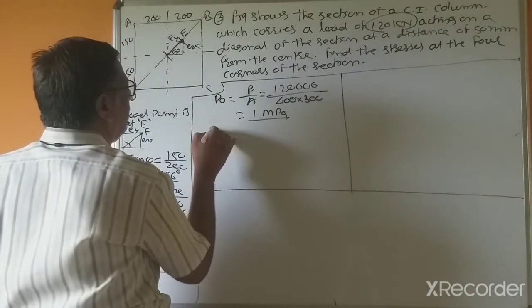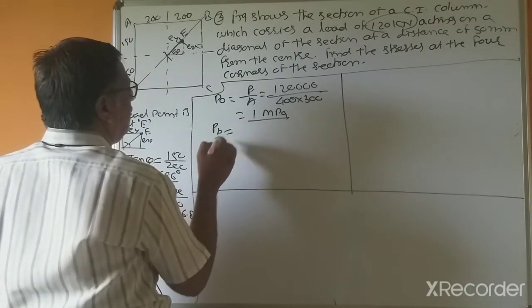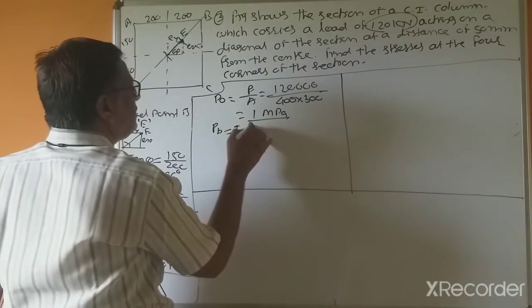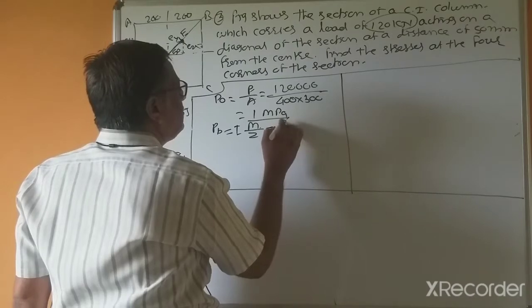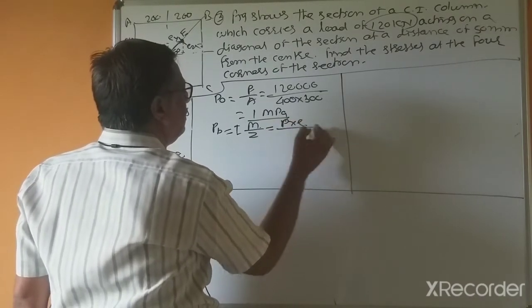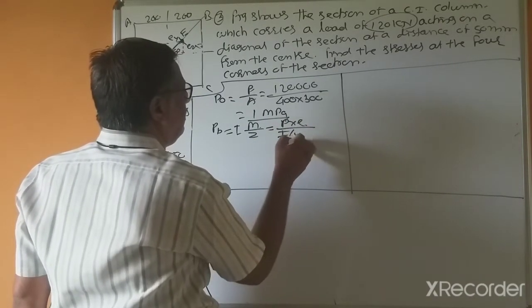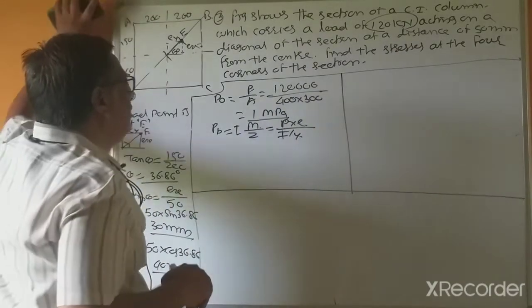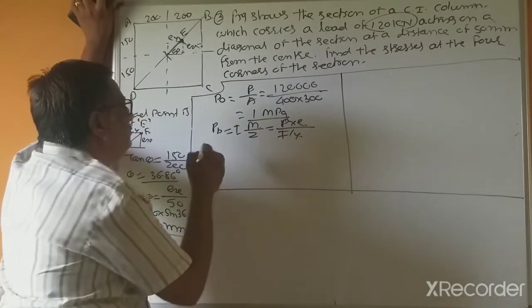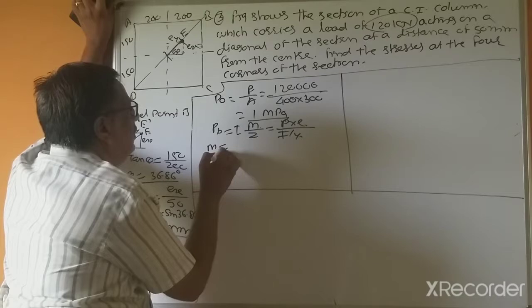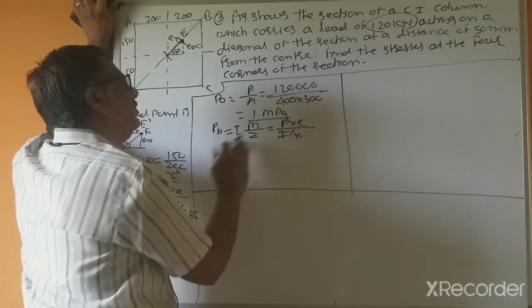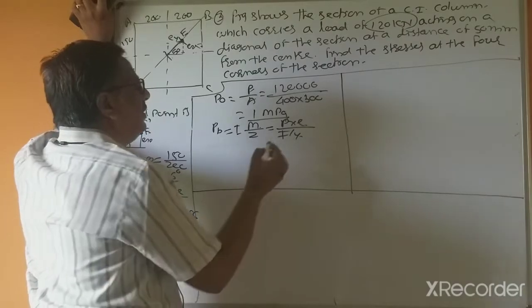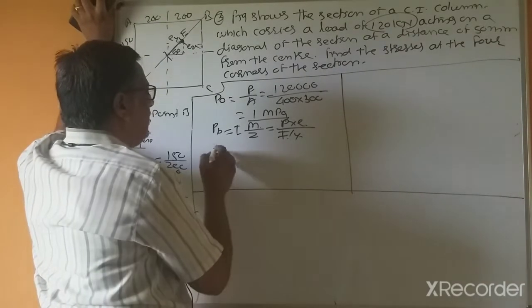Next, PB equal to plus minus M by Z, meaning P into E divided by I, times Y. M will be calculated. Now Ixx is required.